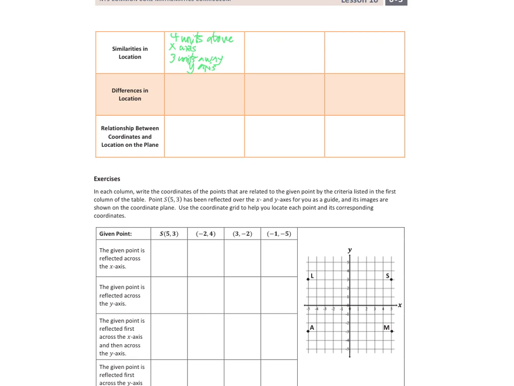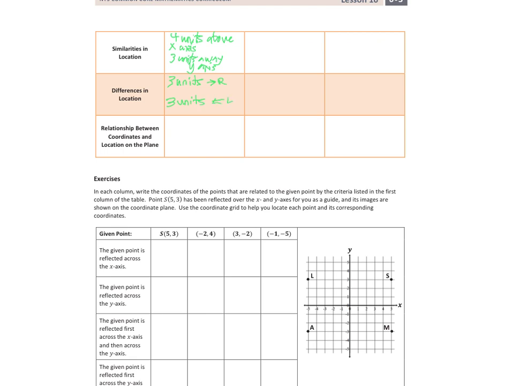Let's take a look at the difference in the location for (3, 4) and (-3, 4), which is that first column. One is 3 units to the right of the y-axis, and the other is 3 units to the left.